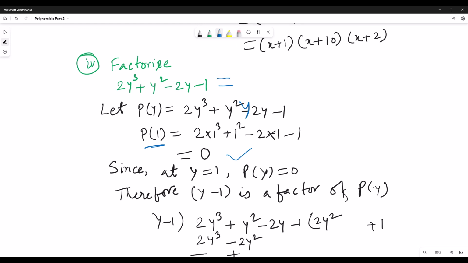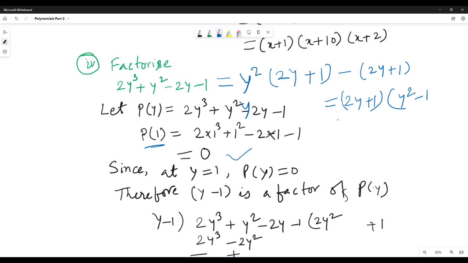We take y square common, then it will become (2y plus 1) minus (2y plus 1), equals (2y plus 1) into (y square minus 1), and y square minus 1 is (y plus 1) into (y minus 1).